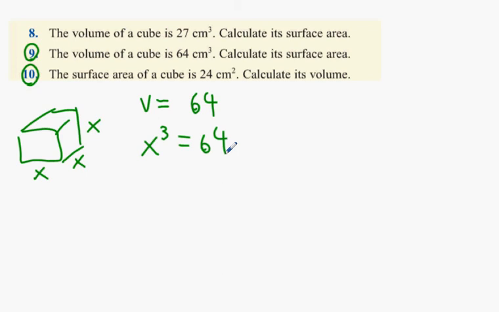What does this mean in English? What does this question actually mean? It means what number do you multiply by itself 3 times to get 64? Is there a button that will do that? Where is it?